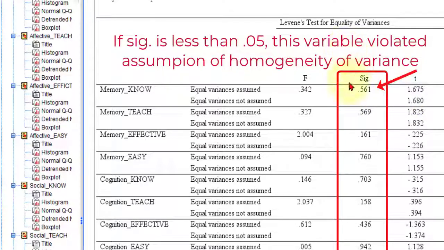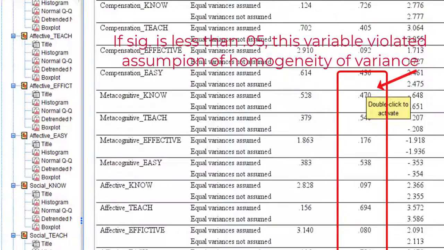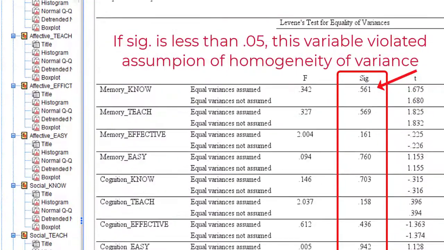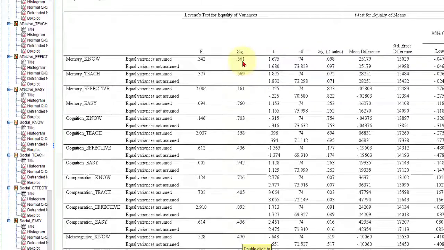And if this sig value is less than 0.05, that means it violated that assumption. I'm looking here and none of these violated that assumption, which is good. So most of your variables violated normality, but they did not violate the assumption of homogeneity of variance, which is good. So you still might be able to get away with using a t-test.